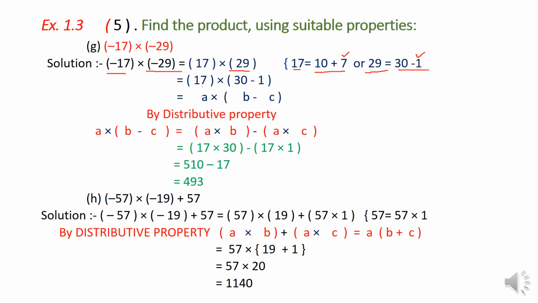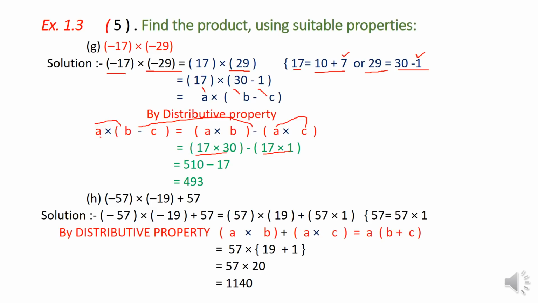Here 17 is A, 30 is B and 1 is C. This is nothing but the distributive property under subtraction. Under subtraction, the property is like this: A multiplied by the bracket B minus C is equal to A multiplied by B, this minus sign will come in the middle, and second will become A multiplied by C. Similarly if we apply on the numbers, it will become 17 multiplied by 30 minus 17 multiplied by 1.